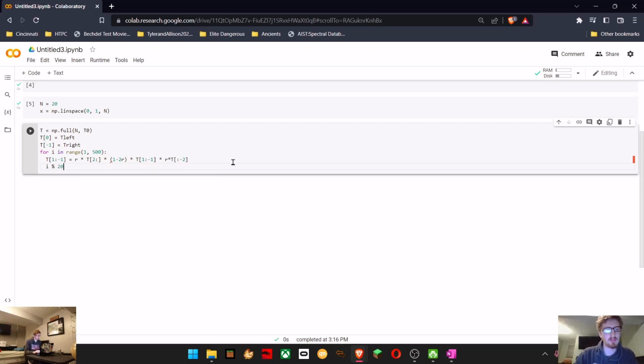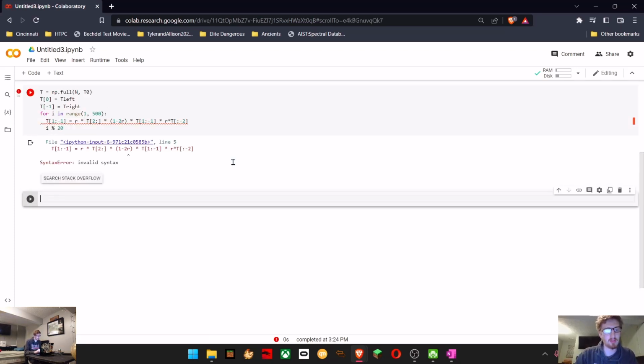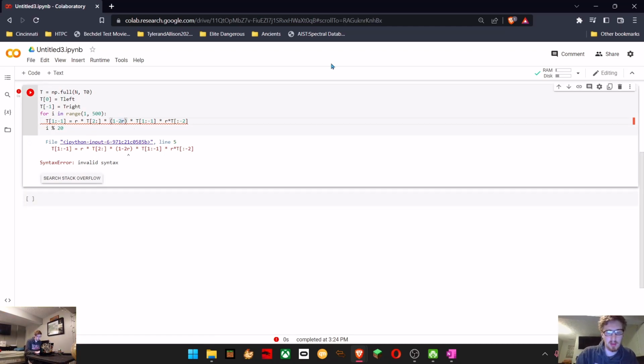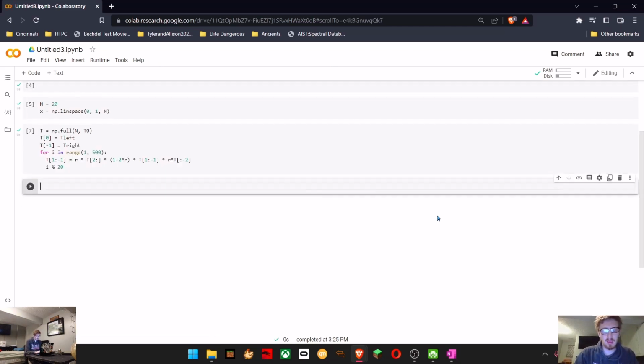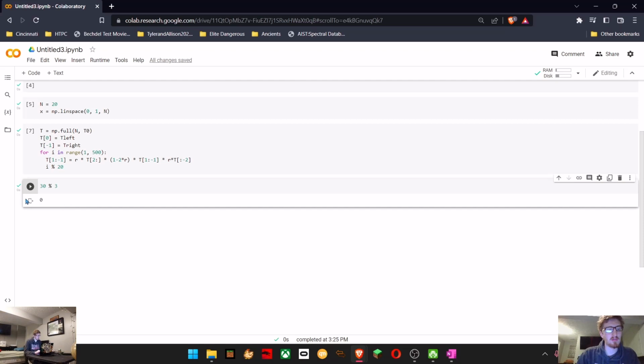So in case you're not familiar with modulo, something like, say, 30 modulo 3 is going to give a remainder of 0. This 0 is just the remainder of when you divide the left side by the right side.